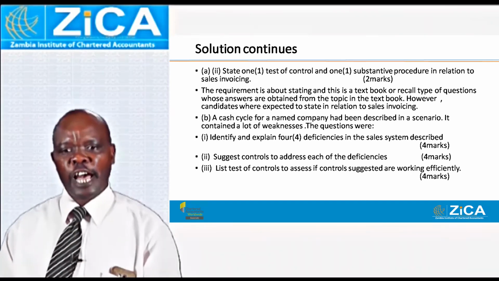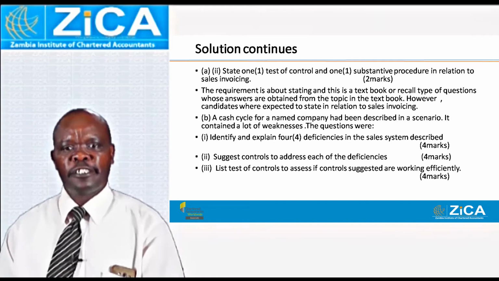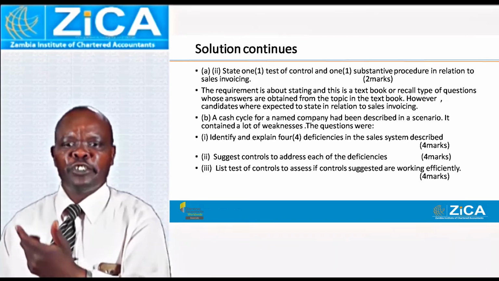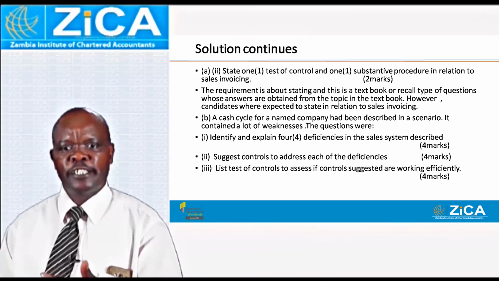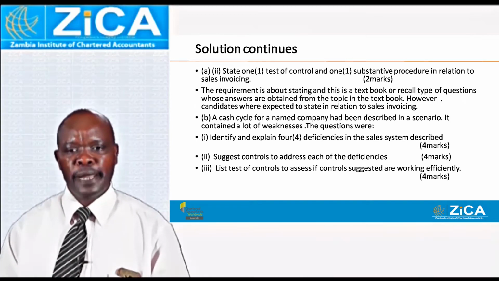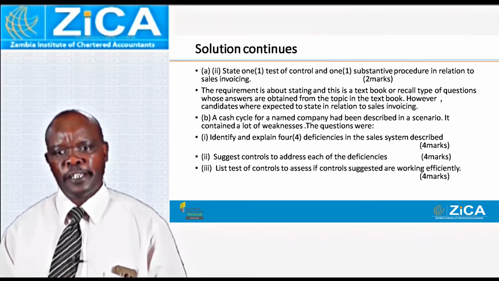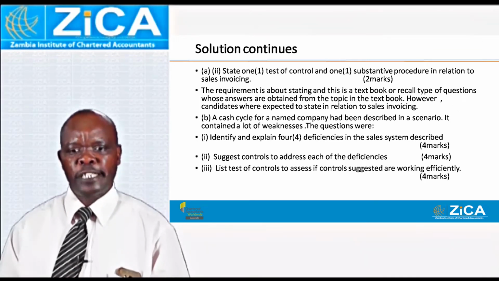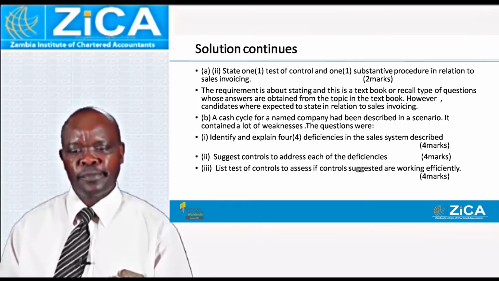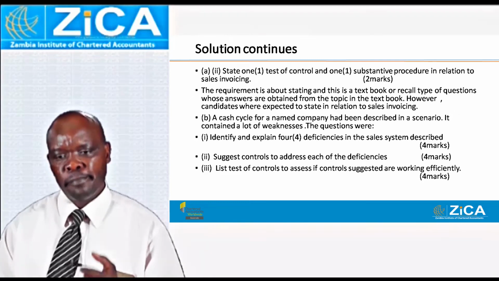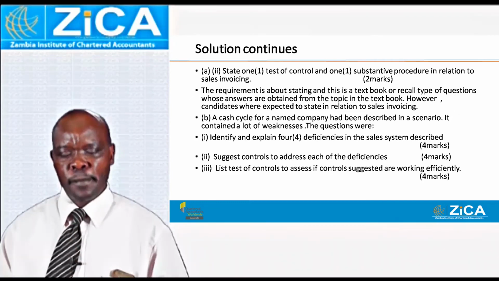So again, you have to change your language. You don't say the auditor should ensure, because then you are acting as if you are in management. You will certainly score very good marks on this topic if you make sure that part A relates to part B, which relates to C.